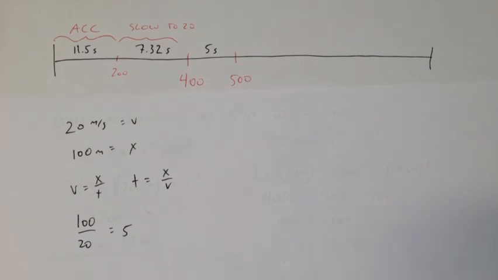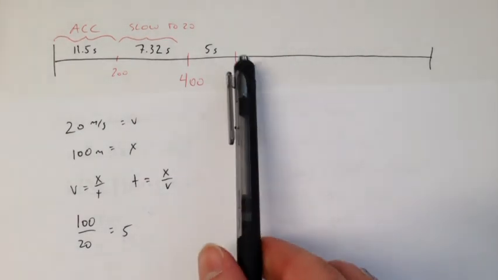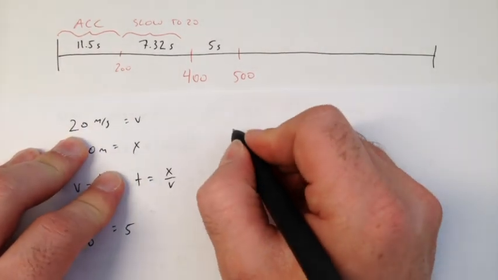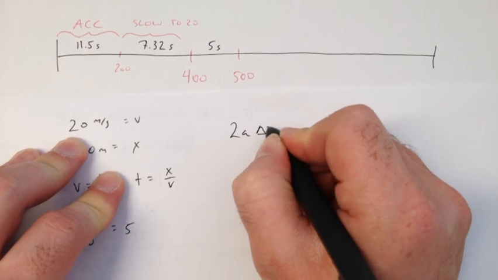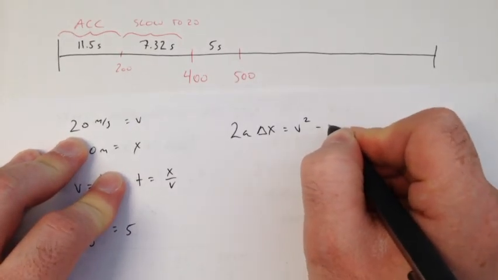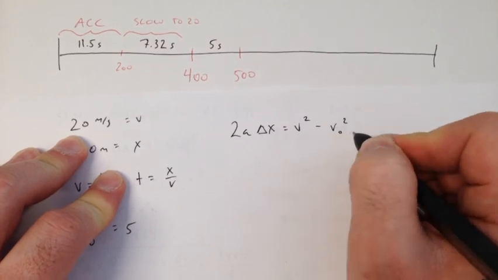Okay. Here's the good part. I've got 500 meters in which to just accelerate as fast as I can. So, once again, 2a delta x equals v squared minus v0 squared.